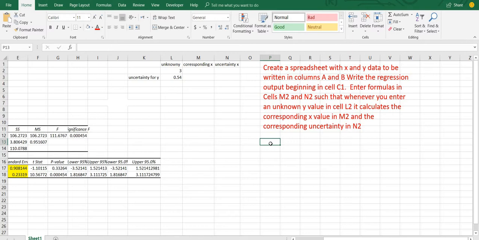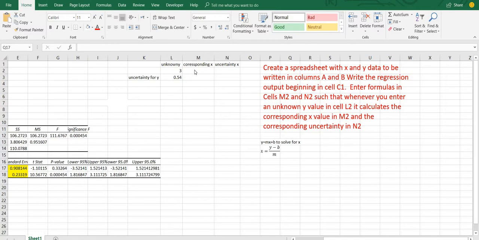By first calculating the corresponding x, we will use y equals mx plus b. So therefore x is equal to y minus b over m.